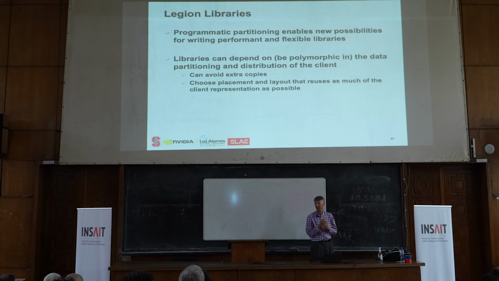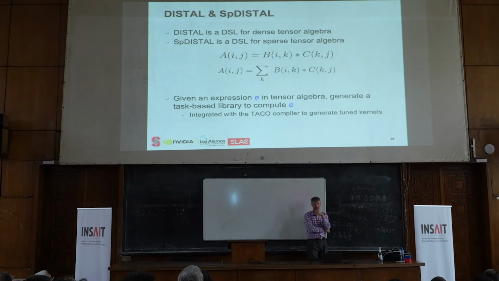We can write libraries that use the data where the client provides it and where the subsequent downstream operations would like to receive it, rather than having to first, by hand, move all the data into a format that the library expects, and then afterwards move it again into a format that the subsequent stage expects. And so I can choose placement and layout that reuses as much of what has already been done as possible. We implemented this in a couple of libraries called Distal and SPDistal.